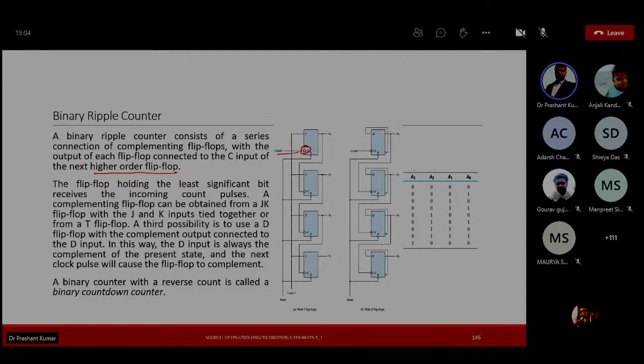Now the output of this stage is working as the clock of the second flip-flop. Similarly, the clock of the third flip-flop is nothing but the output of the second one. So here, as we are saying, we don't have a common clock for all. Each and every flip-flop has a different clock.